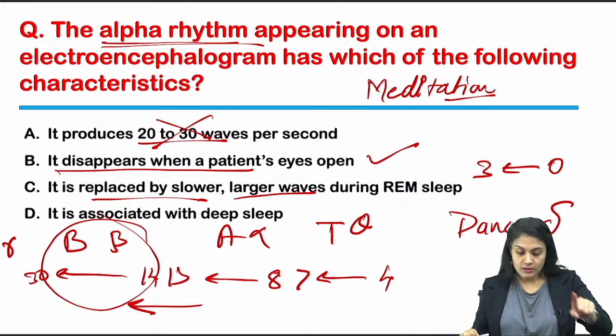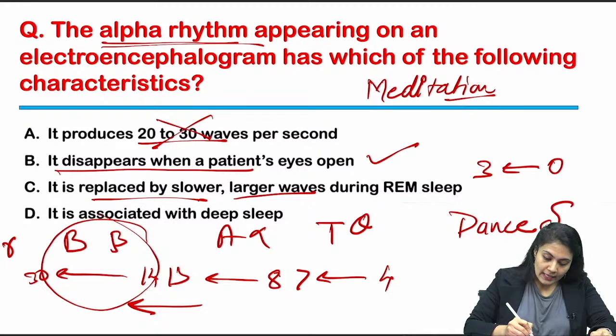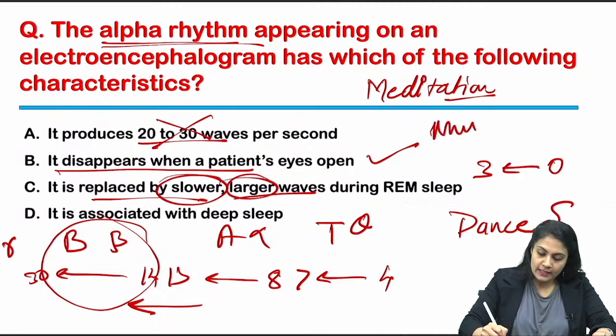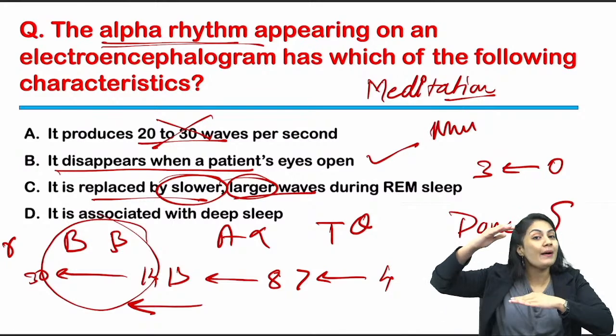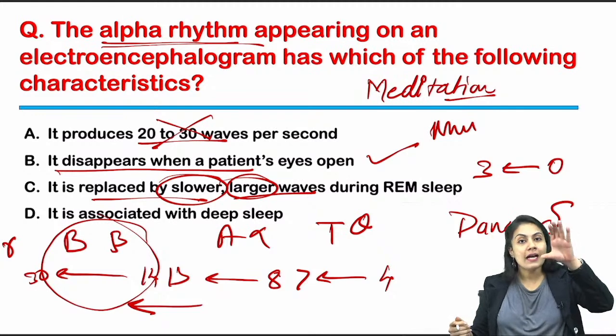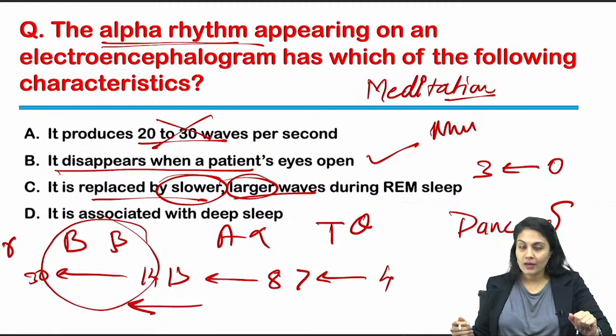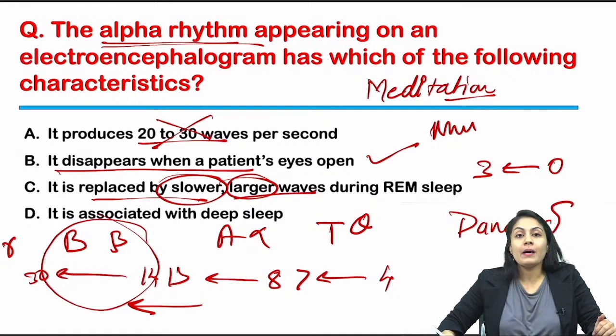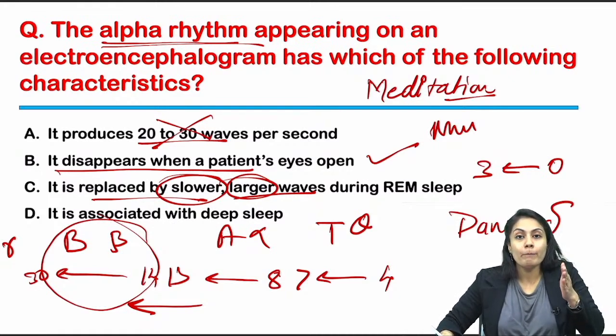REM is a paradoxical sleep. Remember, they are faster and smaller, since the frequency is increasing, not the amplitude, during the REM. During the REM, the frequency is increasing, amplitude is decreasing, right? It will be replaced by the beta wave during the REM sleep, and that's why it is known as alpha block phenomena.